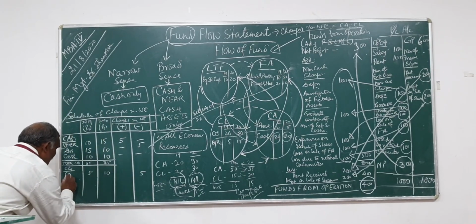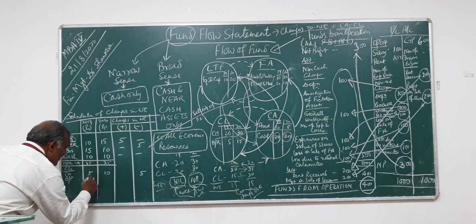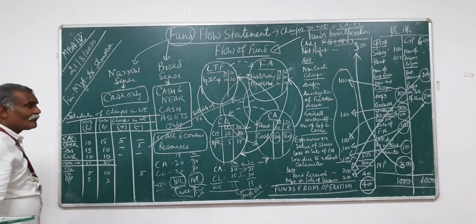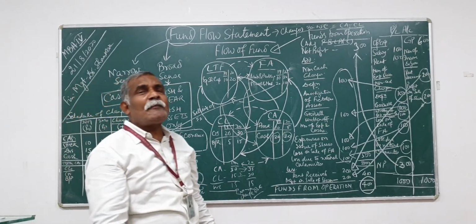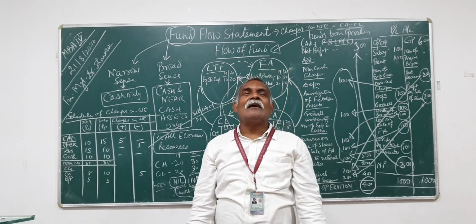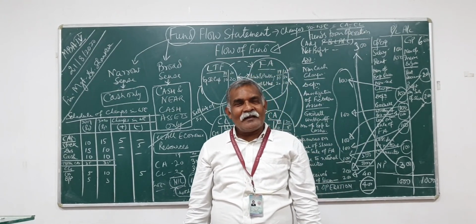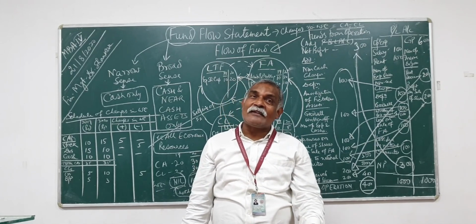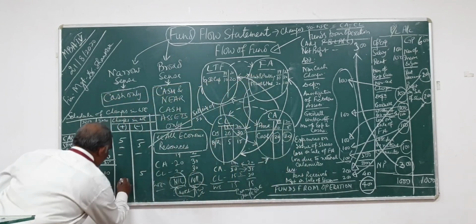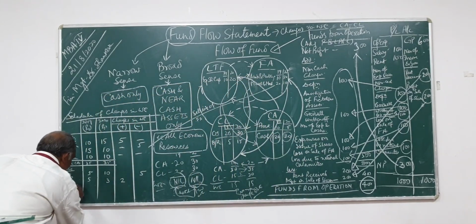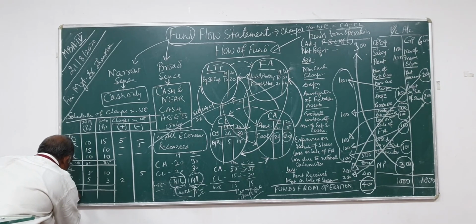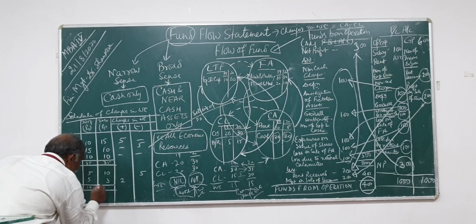Now, bills payable. Suppose 5 to 3. Bills payable is decreasing. Bills payable is decreasing means current liabilities is decreasing. And because current liabilities is decreasing, so working capital will increase by 2 rupees. So now, this is your total current liabilities, 10, 13.